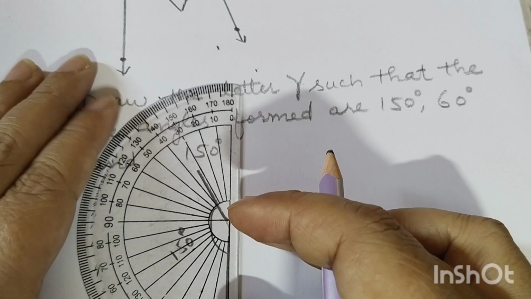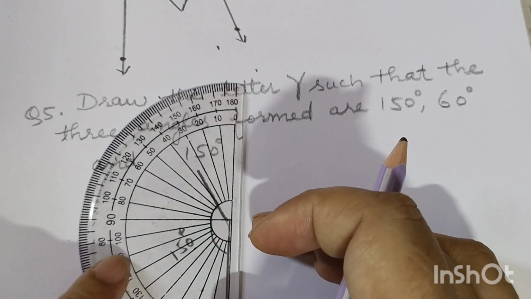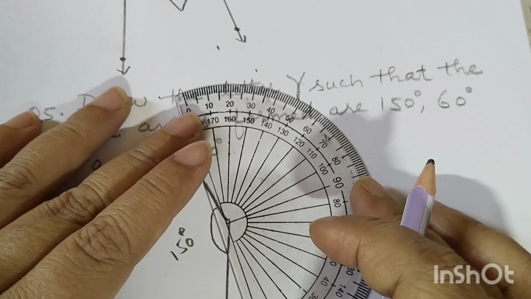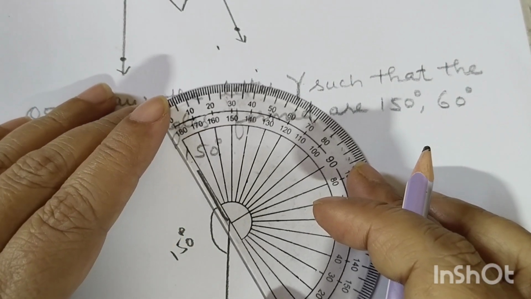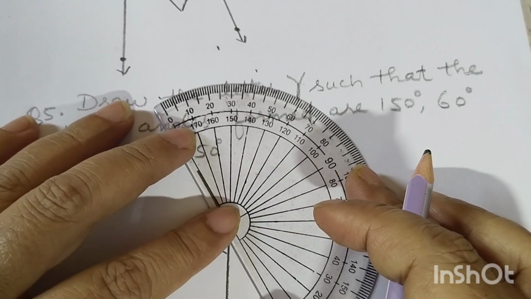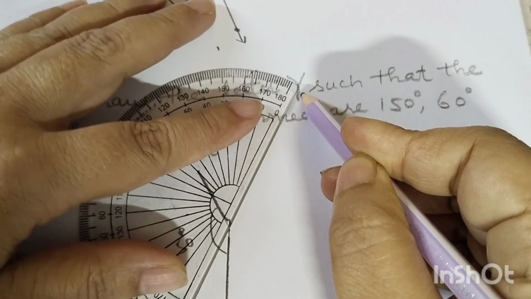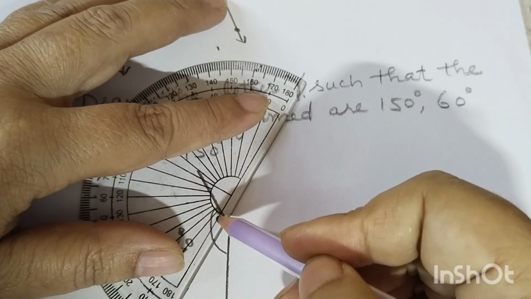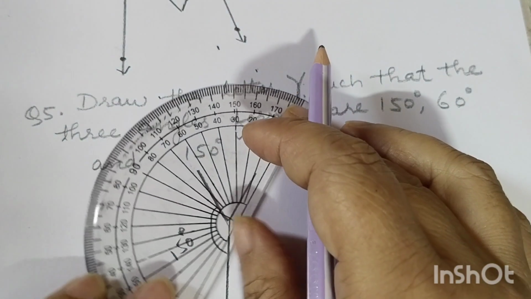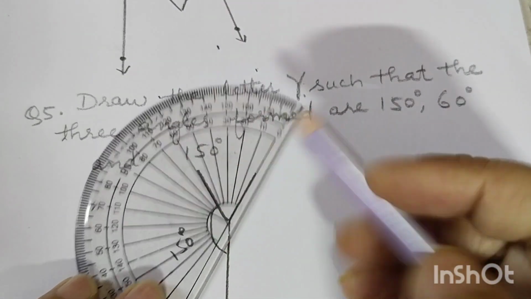Yes, it is of 150 degree, right? Now from here draw an angle of 60 degree. Check your angle. Yes, it is of 60 degree.